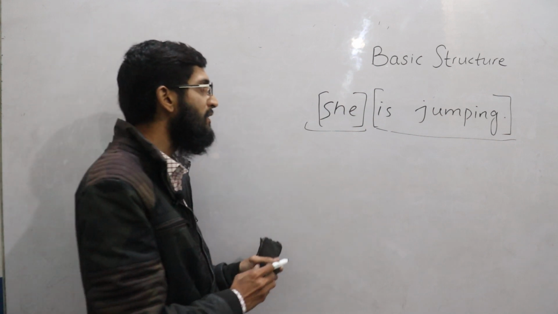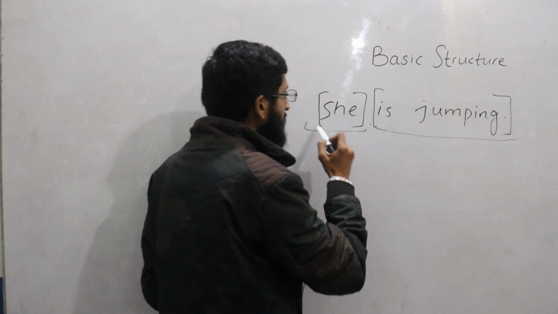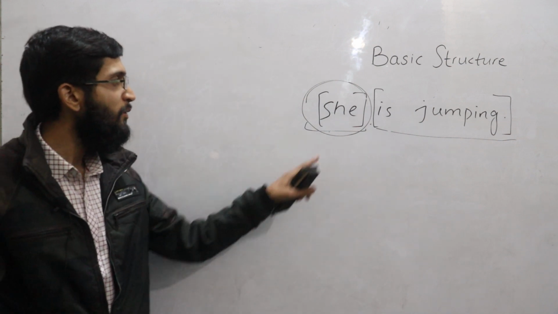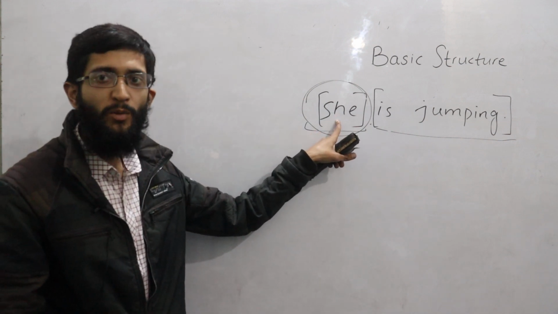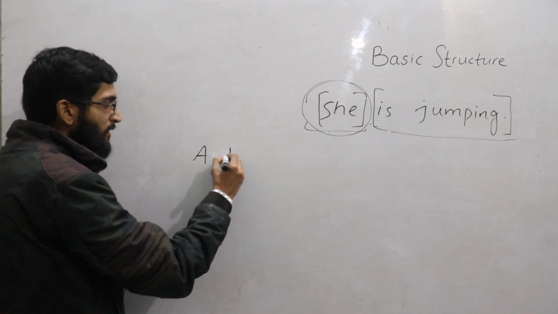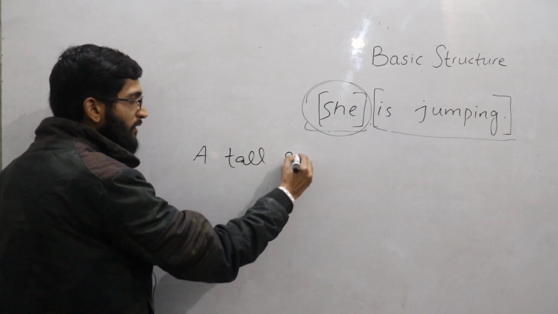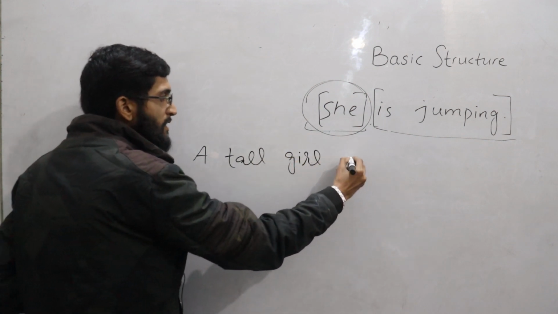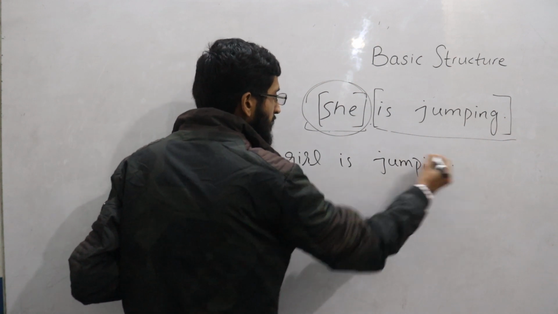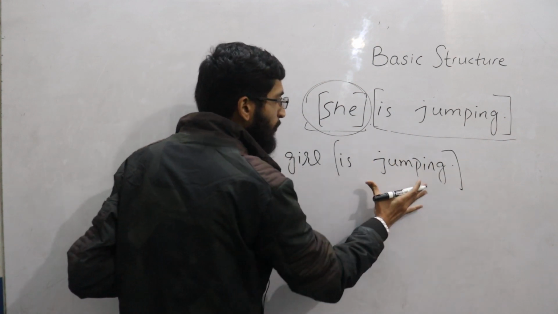For example, if I say she is jumping, here she is performing an action. So if I convert it into a noun phrase, for instance, a tall girl is jumping, still it is a verb phrase or a predicate.